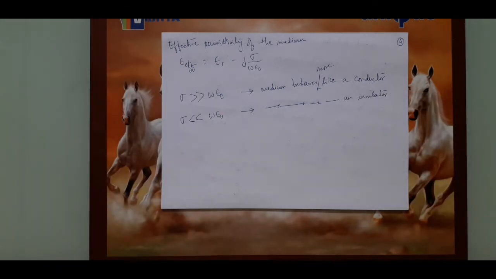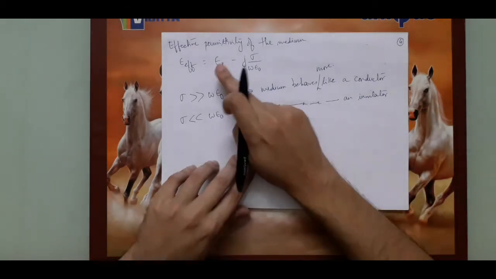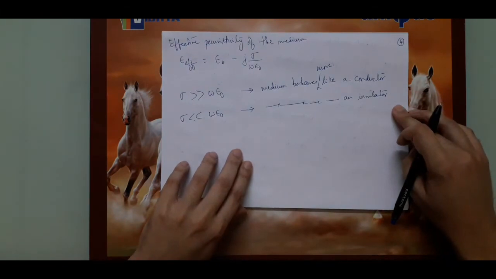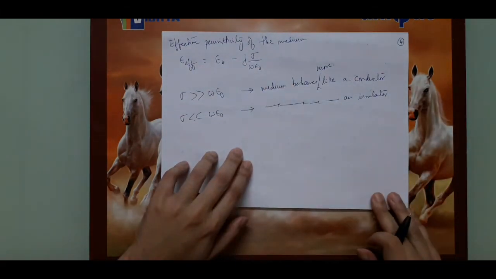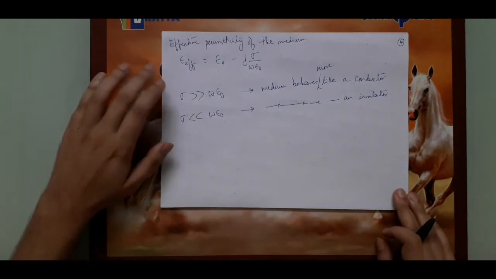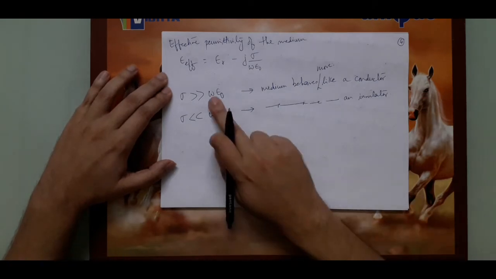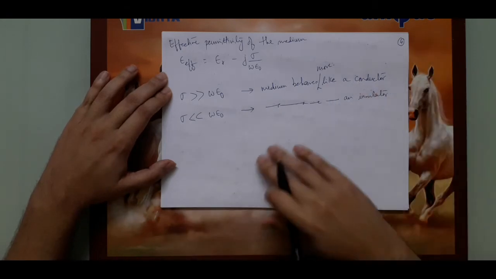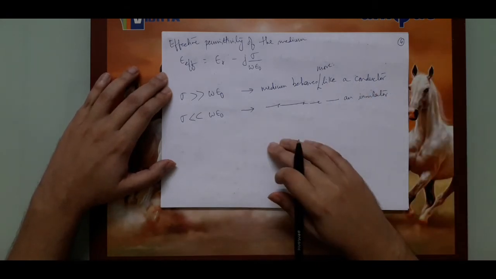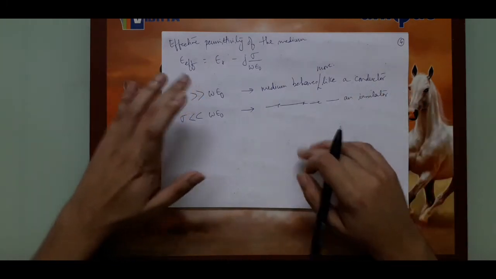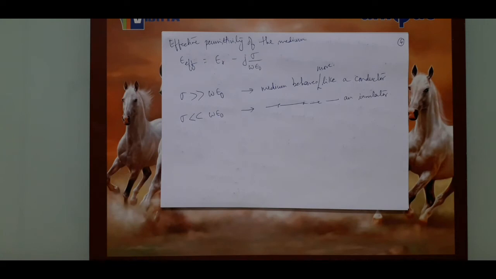So when you have a medium, the epsilon r is fixed and the sigma of the medium is also fixed. Epsilon 0 is already fixed. What changes is the frequency. What is surprising is that by changing the frequency of the waves traveling in the medium, at certain frequencies the medium will behave more like a conductor, and at certain frequencies it will behave more like an insulator.